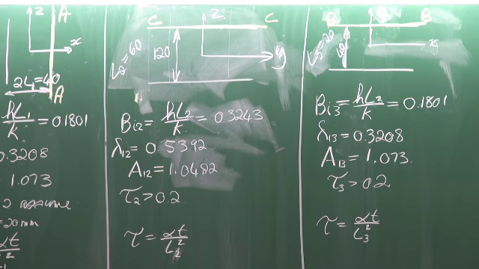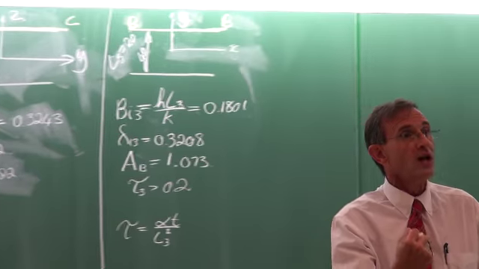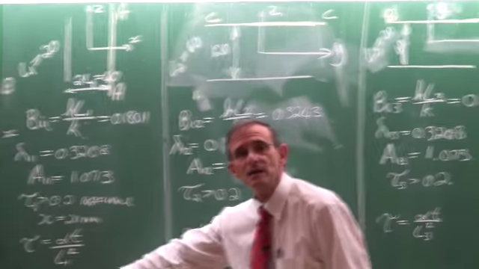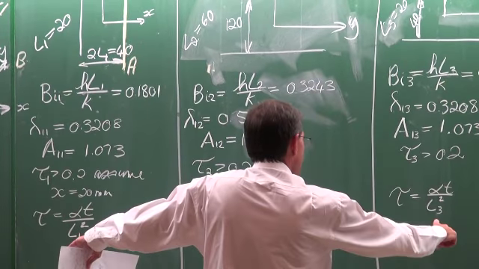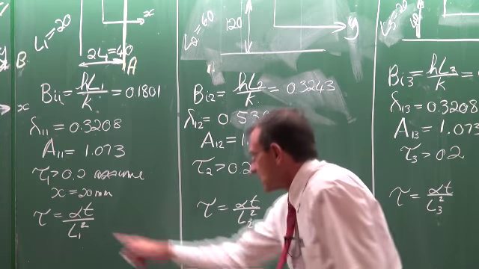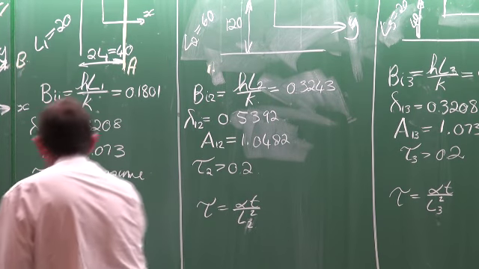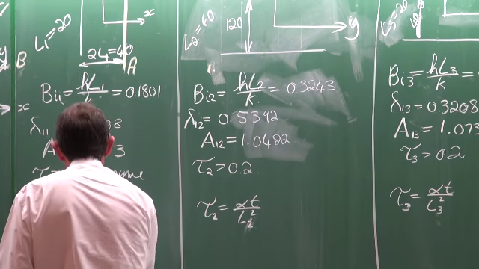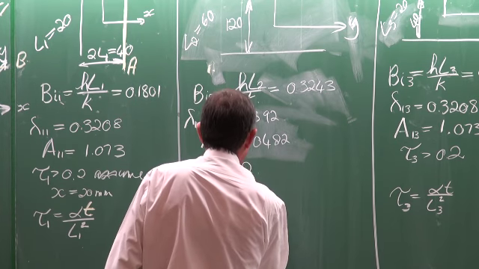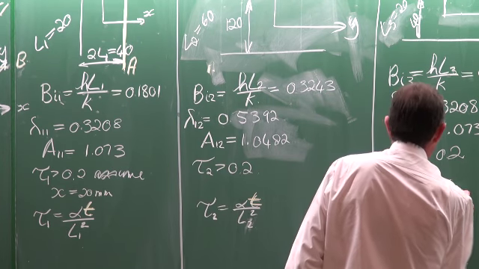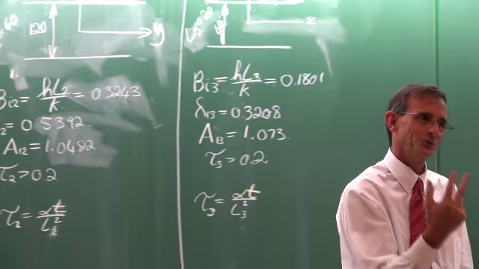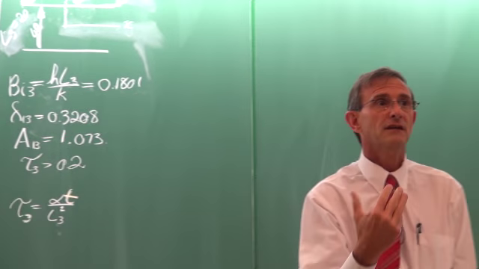So you can see that in many cases when we have to solve tau, it wouldn't be valid for all three equations, because we might have three different L's. In this case, this one and this one are the same. So this tau and that tau are the same, but let's call that one 2, and that one 3. Alpha is obviously a constant, but there's no T1, T2, and T3, but there's tau 1, tau 2, and tau 3. They might have different meanings.